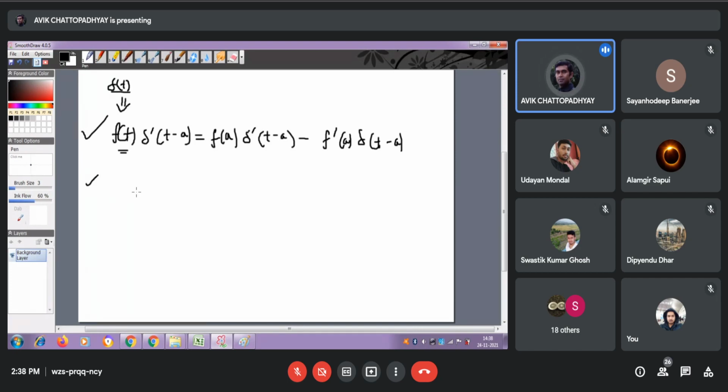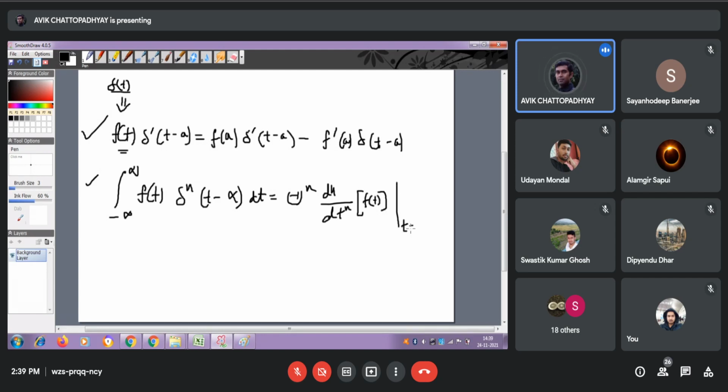For the shifting of the delta function, you have to do some kind of integration. If you apply the same procedure over this higher order delta function, you can write that the integral from minus infinity to plus infinity of f(t) delta^(n)(t minus alpha) dt equals (minus 1)^n times the n-th derivative d^n/dt^n of f(t), evaluated at t equals alpha, where this higher order delta function exists.